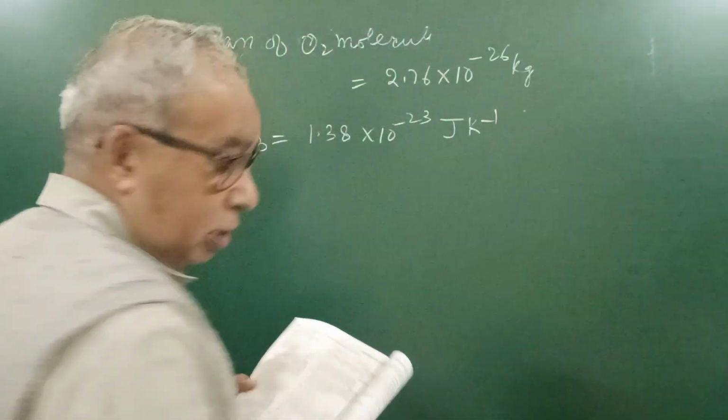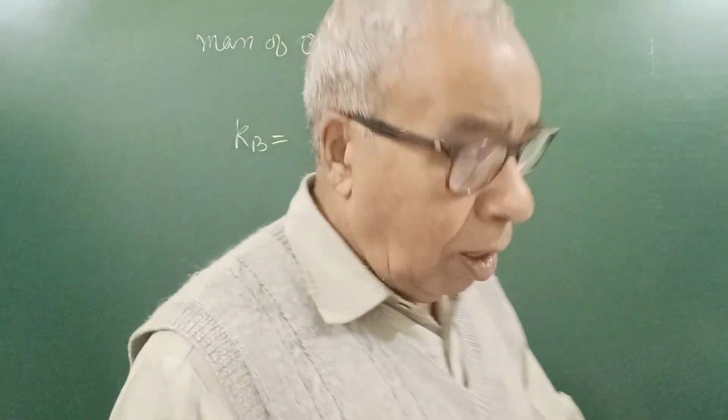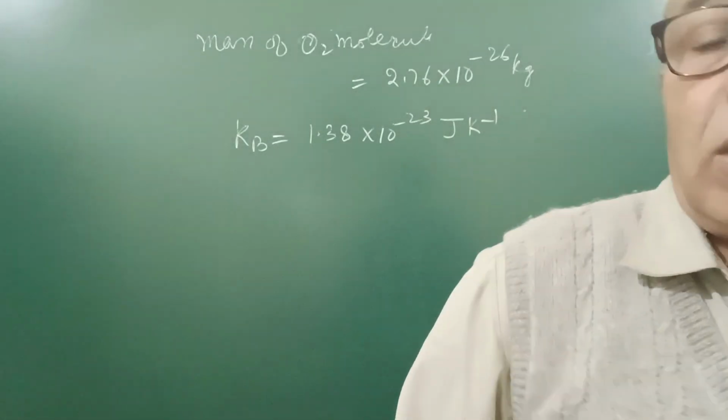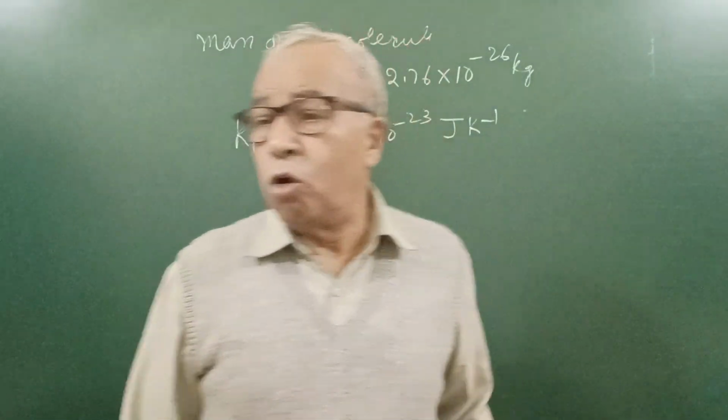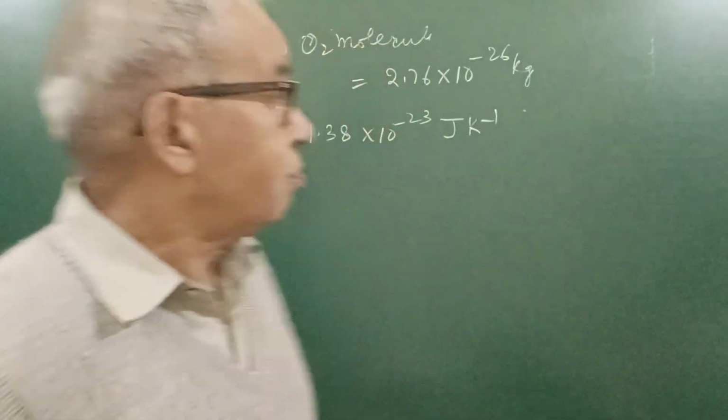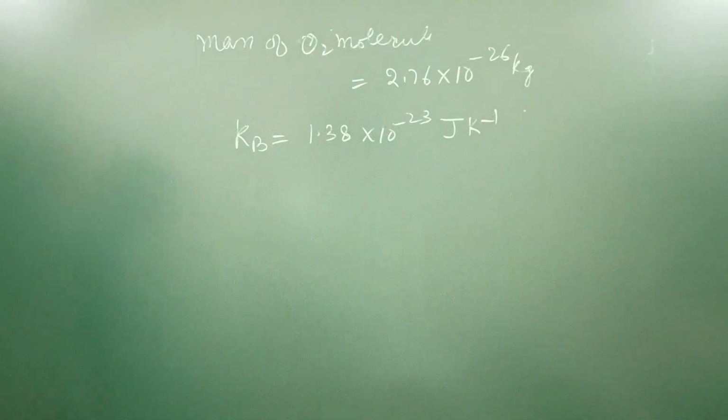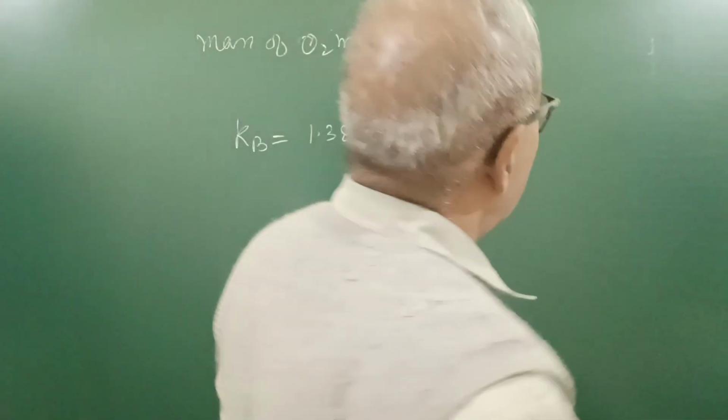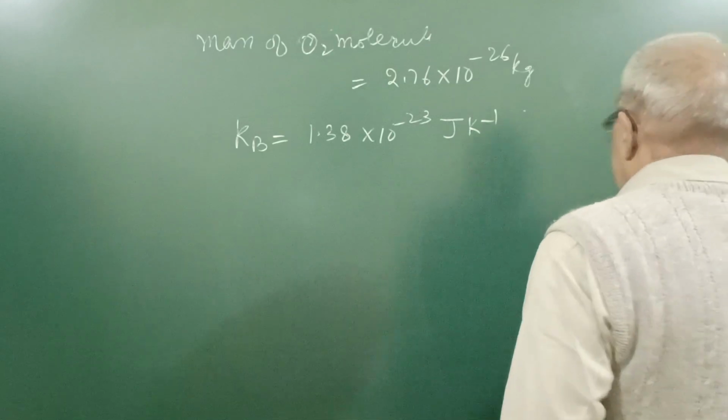So what are you asked? At what temperature the root mean square speed of oxygen molecule will be sufficient to escape from Earth's surface?